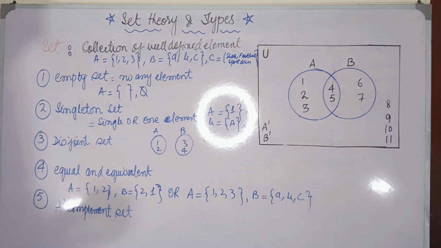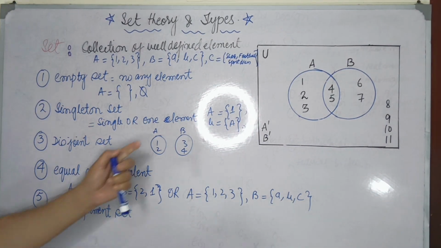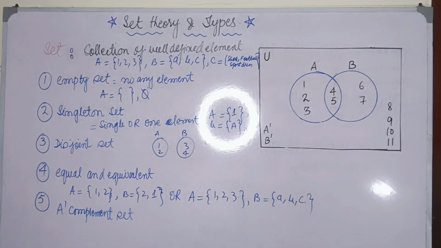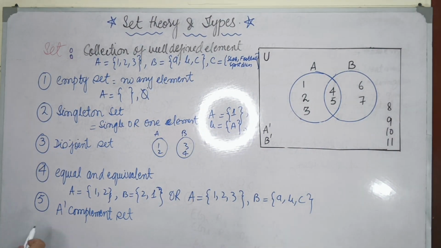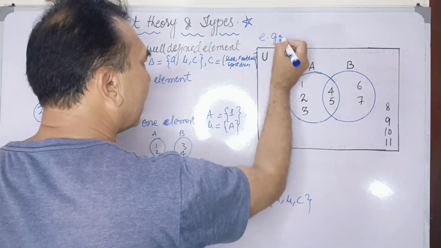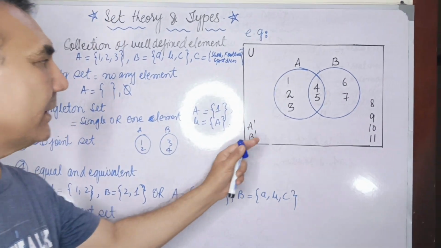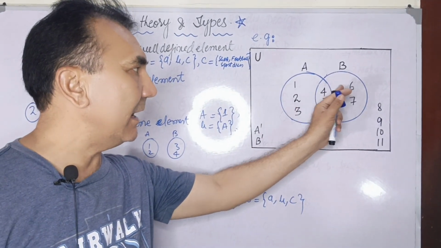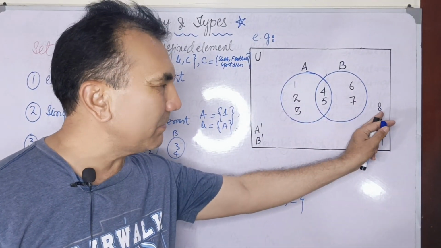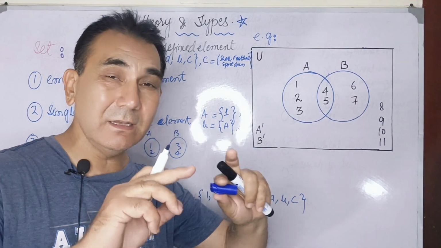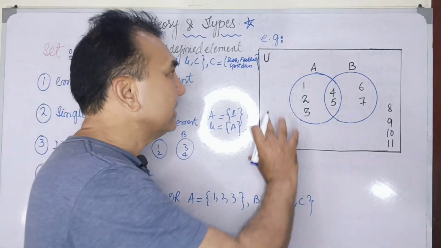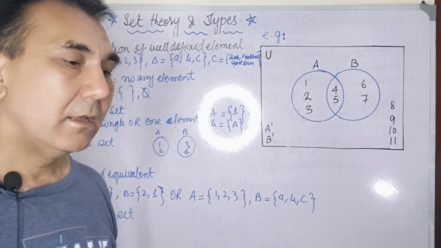Now the other set is the complement set. The complement set means, in the universal set, if I ask what is the complement of A, take the example of this Venn diagram: this is set A and this is set B, and these are the numbers present inside the rectangular shape. This is the universal set.